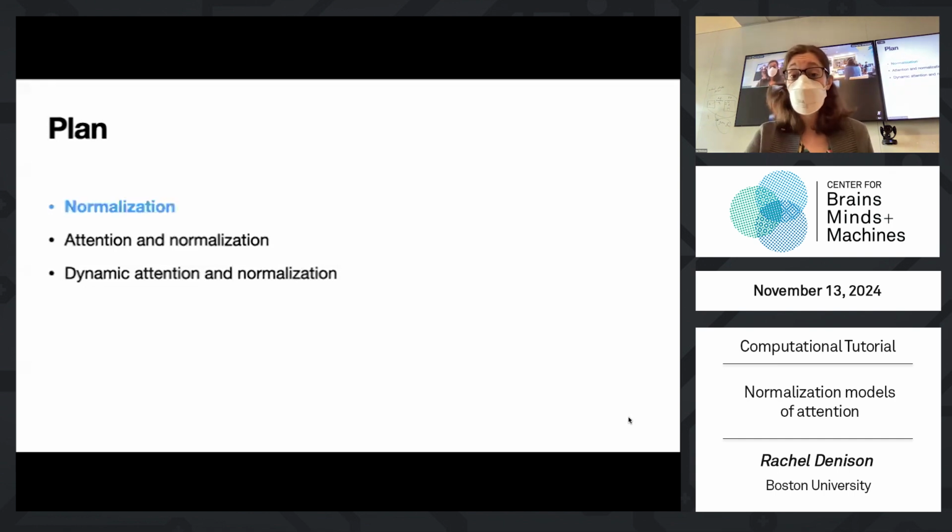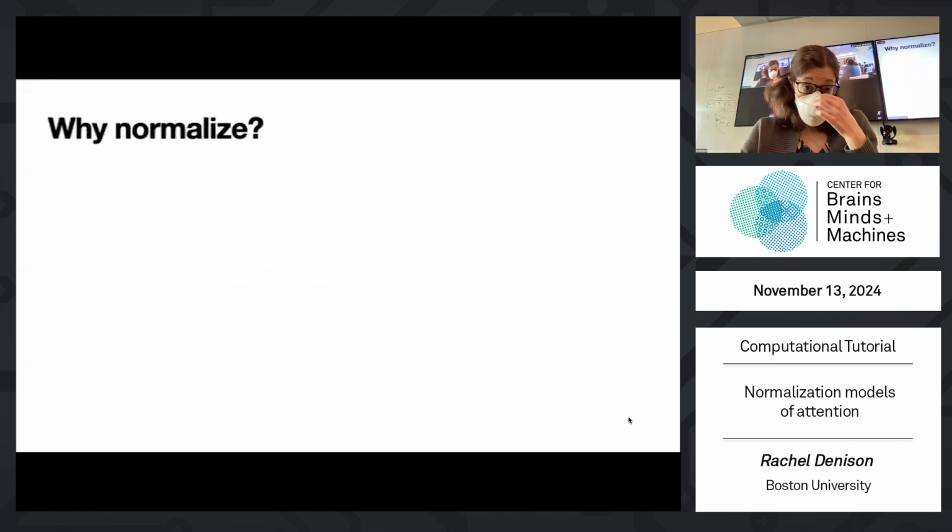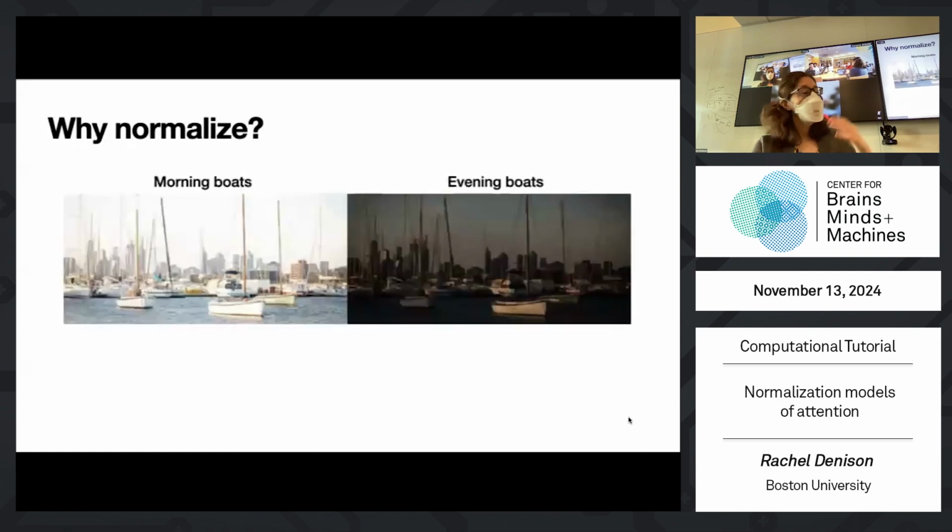So, okay, let's start with normalization. First of all, I want to give you an intuition about what normalization is and what it's good for, using this example of boats. Yes, boats in the morning, boats in the evening.